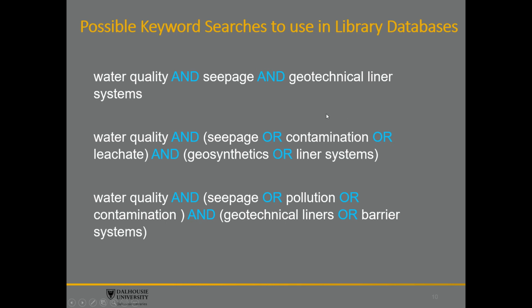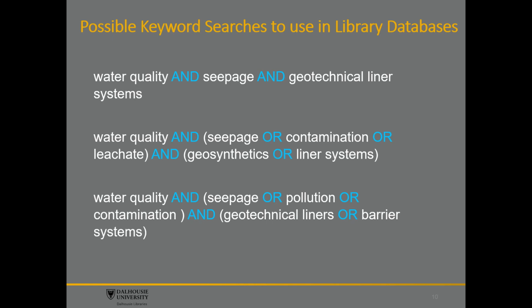So if you want to exclude a concept, you could use the word not. So for example, water quality and Canada, not United States. So that means that any search results you obtain would only relate to water quality and Canada, and any results pertaining to the United States would be excluded. So this is the concept of Boolean searching using Boolean operators.